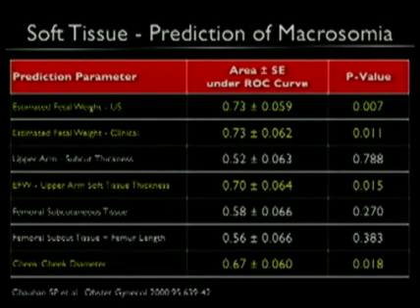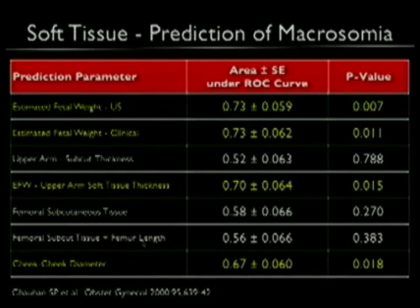There was one review of the literature looking at the prediction of macrosomia with soft tissue by Dr. Shahand, and they used things like ultrasound-derived estimated fetal weight, clinical estimates of fetal weight, and soft tissue parameters, including the upper arm subcutaneous thickness, the femoral subcutaneous tissue, cheek-to-cheek diameter, and so on and so forth.